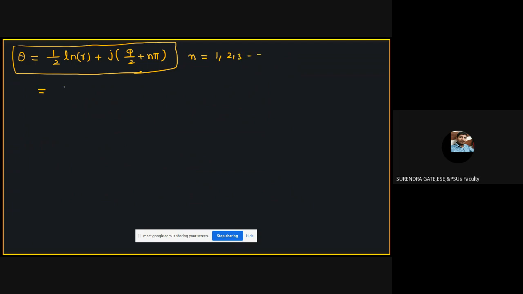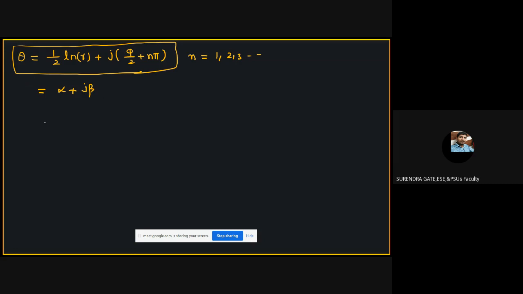This is equal to alpha plus j beta, where alpha equals 1 by 2 into ln of R. This R and pi is calculated from knowledge of Z1S and Z10.